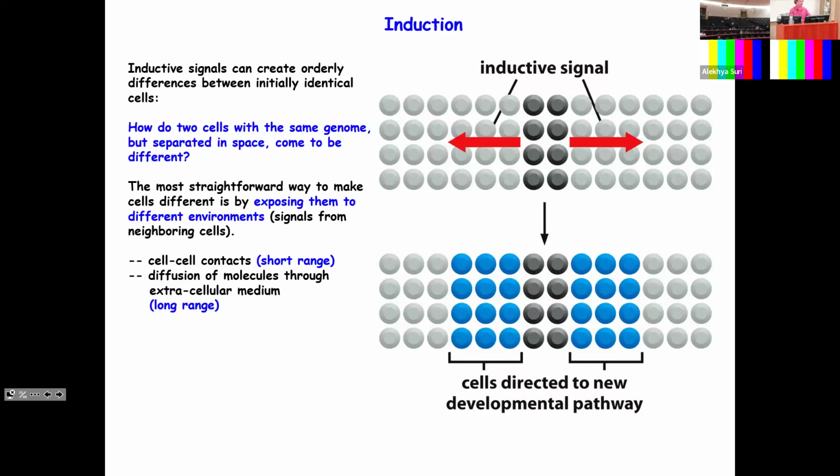And induction may come in different flavors. For example, cell-to-cell contact here for short-range influence, or diffusion or endocrine factors, for example, that travel all the way from one tip to the bottom. And these are the long-range factors.